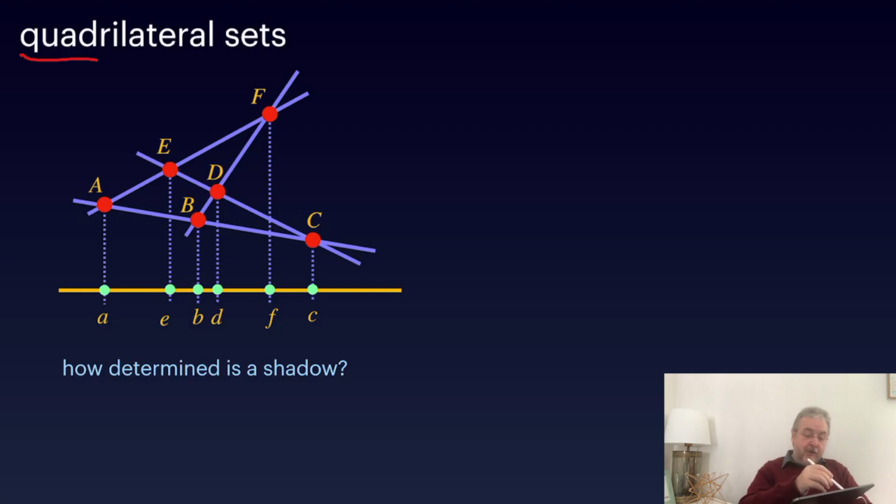So assume you have a light source far out in that direction and it projects down, and so these green points here are the images of the red points here. And one question is, how freely can this shadow move if you just know about the configuration that I now told you. And the amazing fact is that the position of already 5 points of this configuration determines the position of the last one. We will see how that works in a minute.